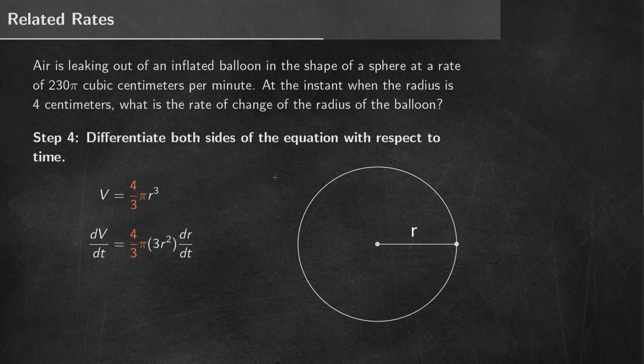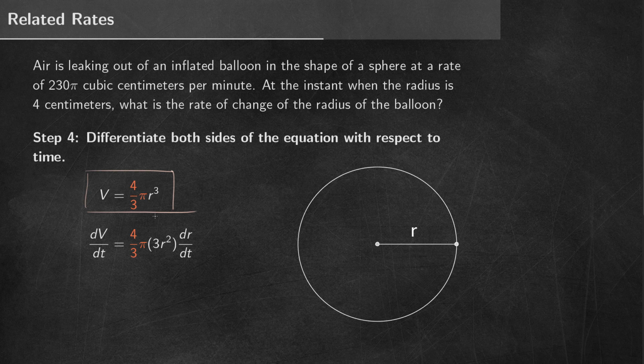Step 4, we differentiate both sides of our equation with respect to time. So here's my equation that I wrote in step 3. I'm going to take the derivative using implicit differentiation, term by term from left to right. So I start by taking the derivative of V. The derivative of V is dV dt. 4/3 pi r cubed. 4/3 pi is a constant.